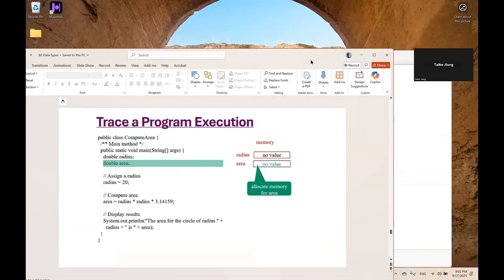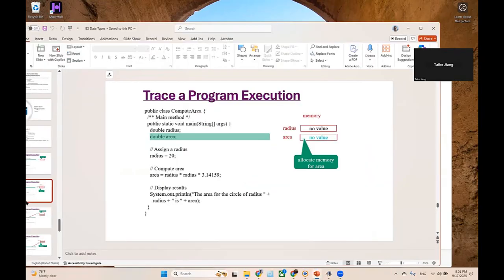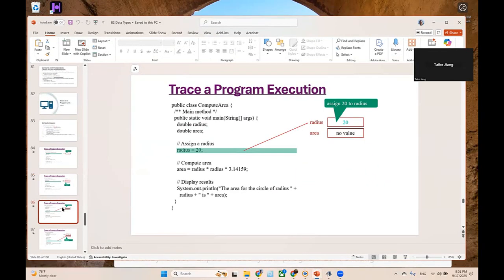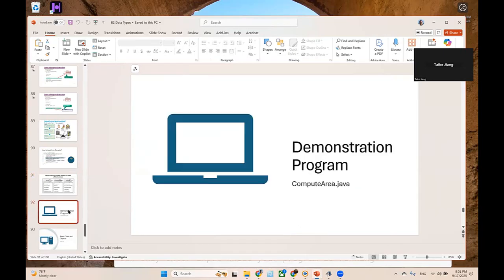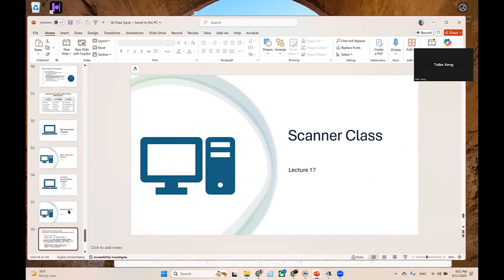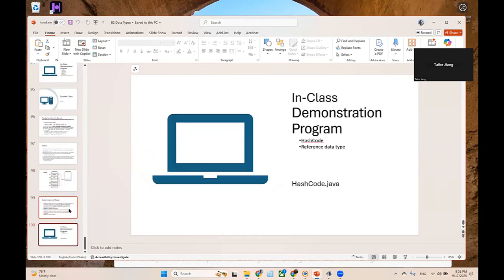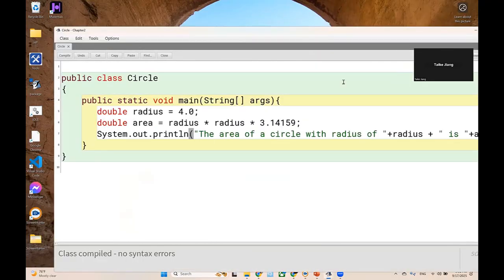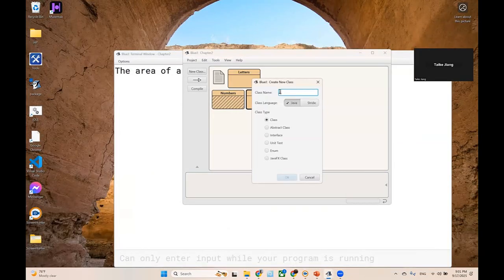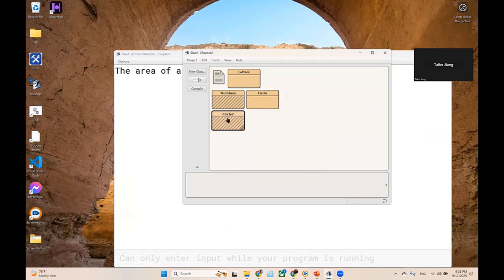This program we call IPO: input, processing, and output. If we want to get the data from outside, you need to use a Scanner.